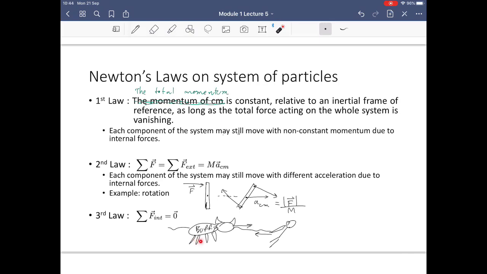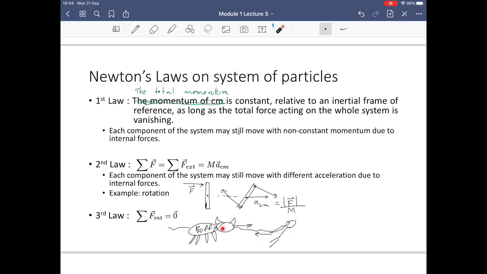But what if you consider both the man and the Buffy, both of them as a single system? What happens? So if both of them are part of one system, this is a force that's acting on this system, and this is a force that's acting on this system.